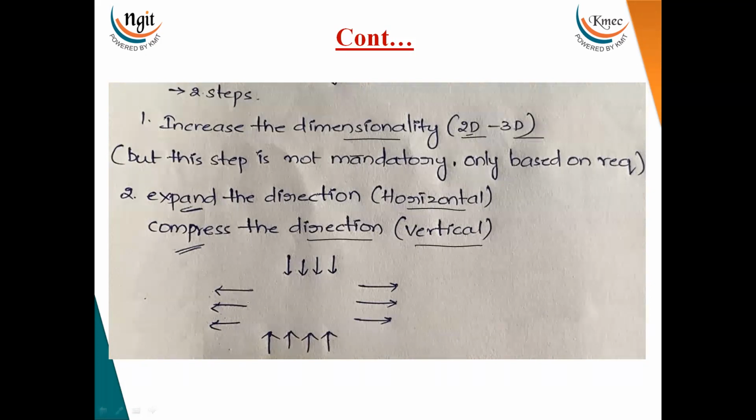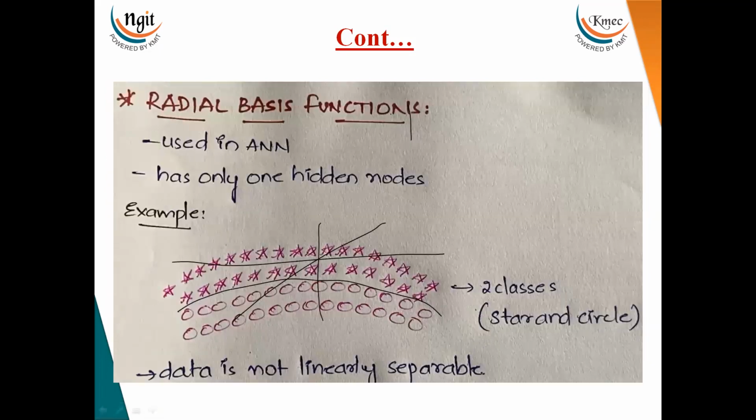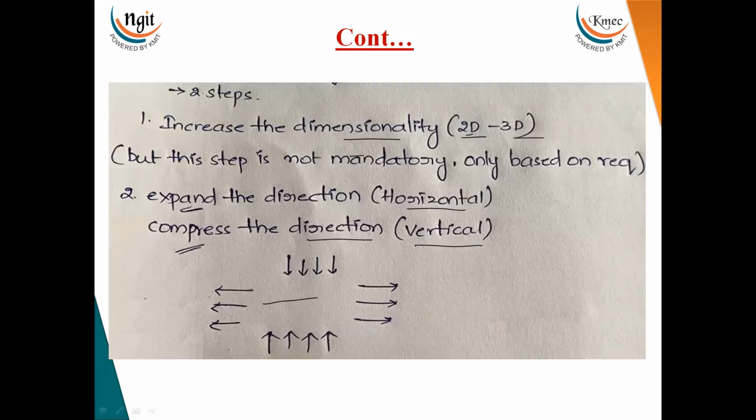So whatever data is available, I'll expand it. If you expand in this way and compress in the other way, compress vertically and expand horizontally, there is a possibility that your data will be separable. If you remember, my data looks like this. So what I am applying here is expanding horizontally and compressing vertically.